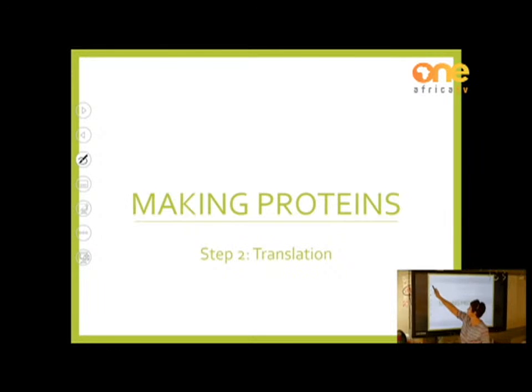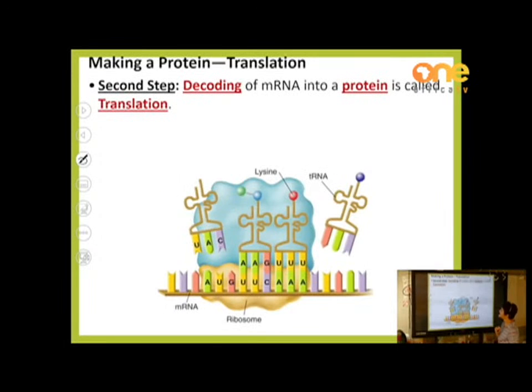So, let's quickly talk about translation again. The decoding of the mRNA, 3 bases of mRNA, will attach to a tRNA.